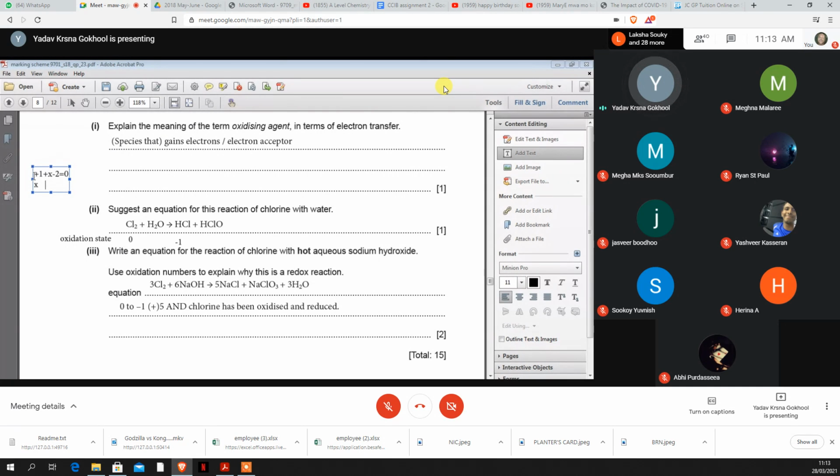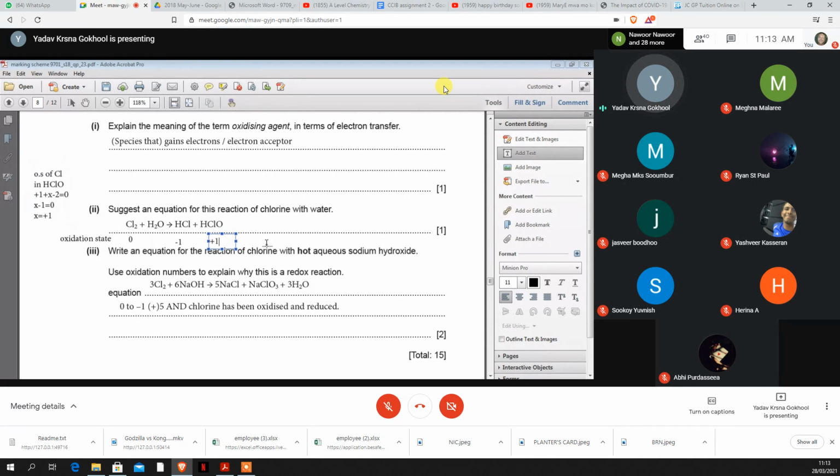X minus 1 equal to 0. X equal to +1. Hope that I have not done any mistake over here. You can confirm it. So OCl-, so here it is +1.